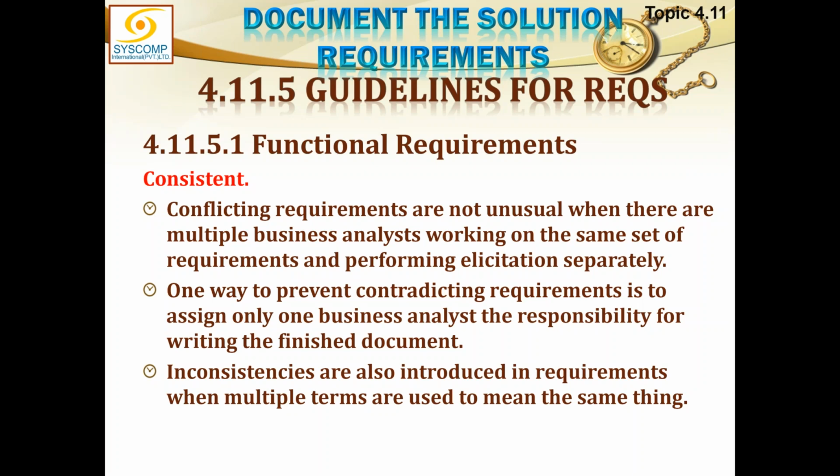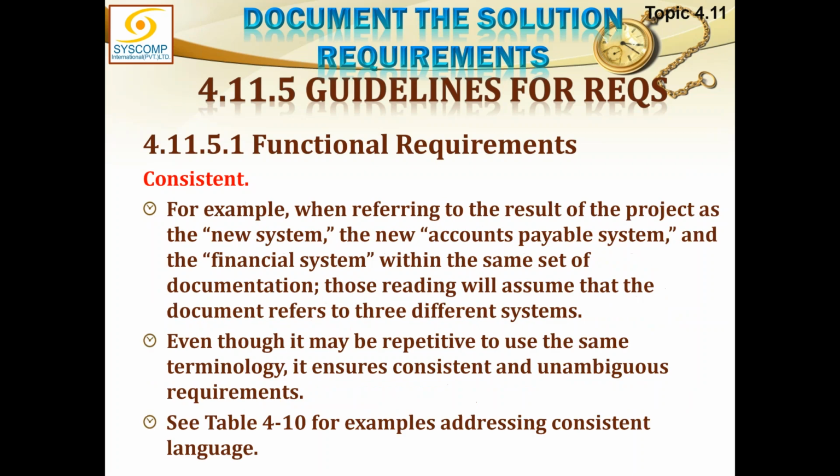Inconsistencies are also introduced in requirements when multiple terms are used to mean the same thing. For example, when referring to the result of the project as the new system, the new accounts payable system, and the financial system within the same set of documentation, those reading will assume that the document refers to three different systems.